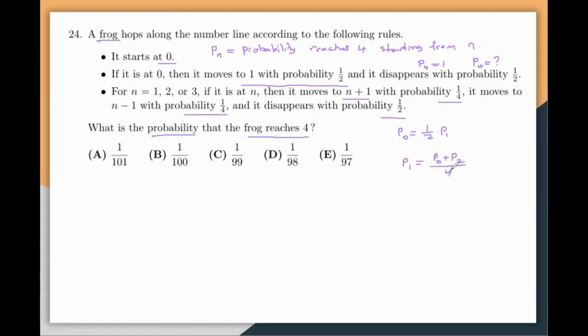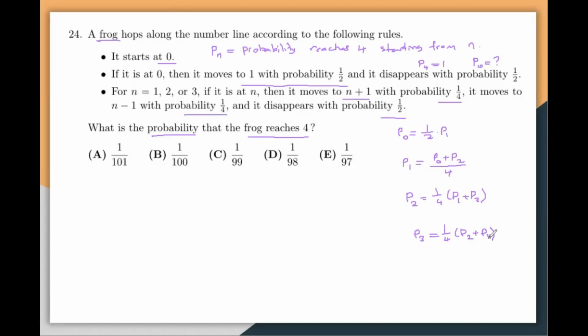I can write it as over 4. In this case, I just write it as a common fraction, but if the probabilities weren't the same, I would write this separately. That should be okay as well. With that in mind, P2 is equal to 1 over 4 times P1 plus P3, and P3 is equal to 1/4 times P2 plus P4.